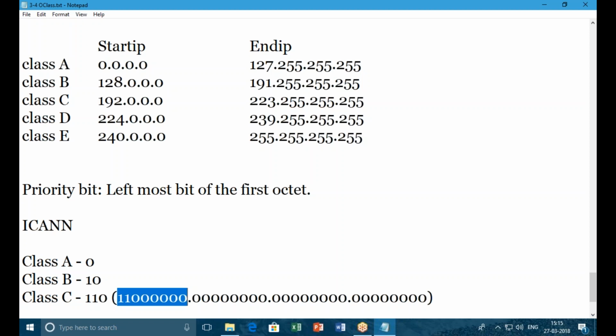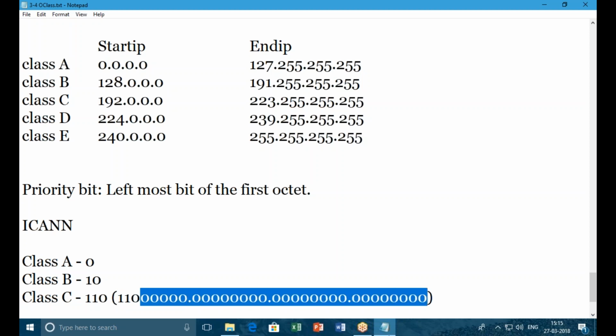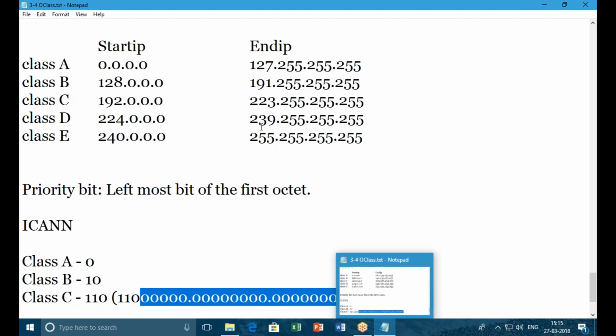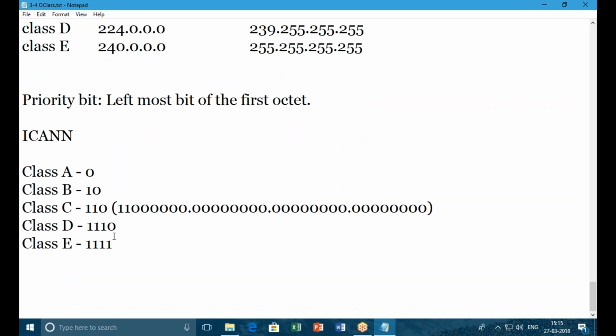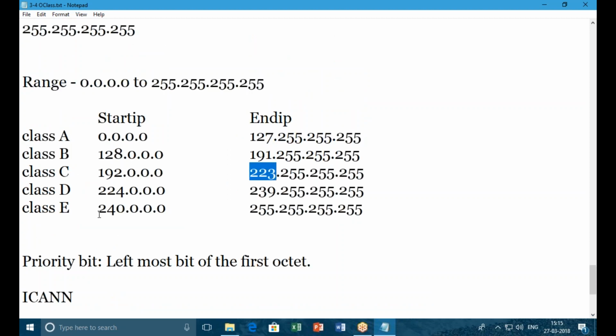The remaining are zeros: 192.0.0.0. Now to get the ending IP address, without disturbing this priority bit value, the remaining values should be taken as ones. You'll be getting the ending IP. That's how we get the range of the classes.